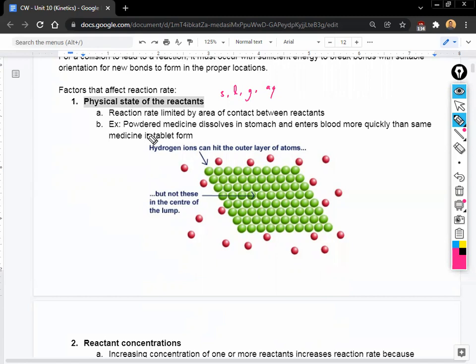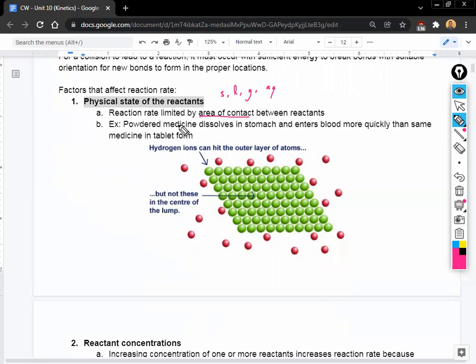Because if you think about it, molecules need to collide with each other to react, right? What it's limited by is the area of contact between the reactants. So for example, if you take powdered medicine, it dissolves in your stomach a lot faster, right?